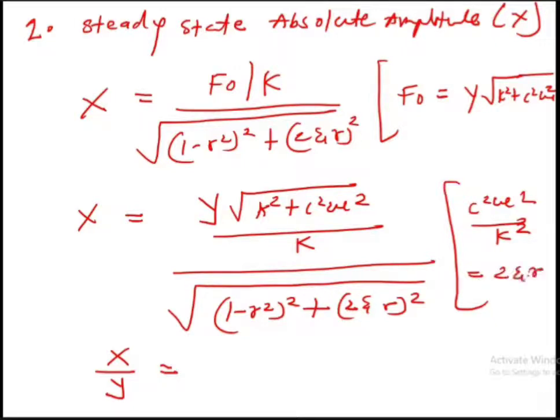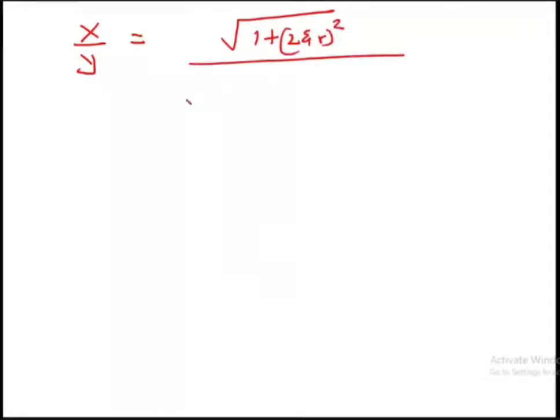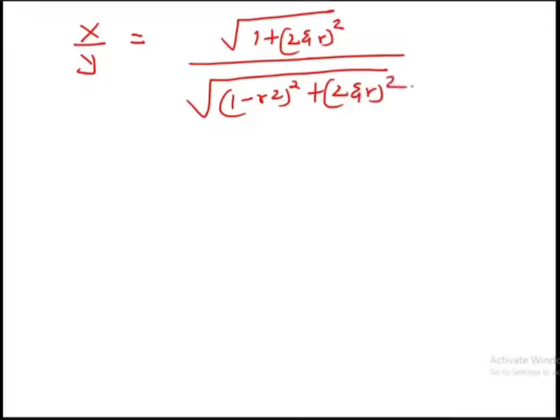It is nothing but [2 zeta r] bracket square, because we have already derived c omega upon k is equal to 2 zeta r. So I will put this here, and finally I'm getting X upon Y equal to square root of 1 plus [2 zeta r] bracket square divided by [1 minus r square] bracket square plus [2 zeta r] bracket square.